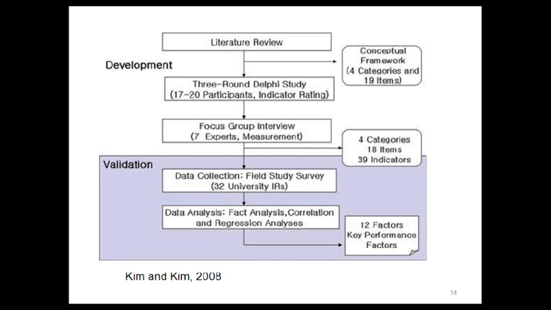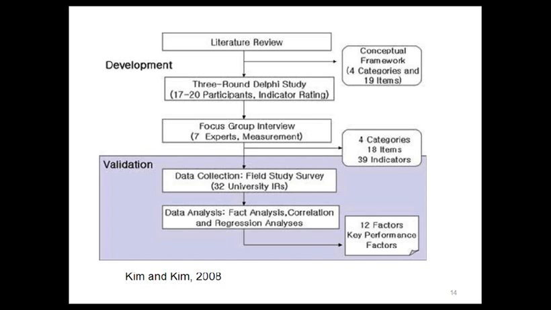After the focus group interviews with the chief librarians, they distilled down their categories. They conducted a field study survey, and then they conducted data analysis, factor analysis, correlation, and regression analyses, and they have come out with 12 factors that they're calling key performance factors.